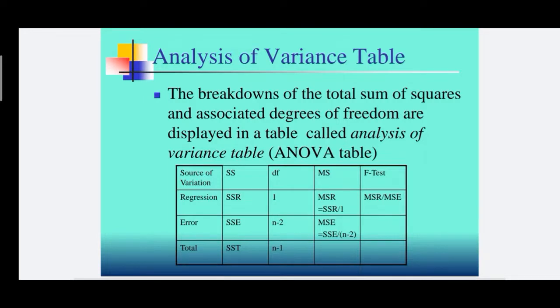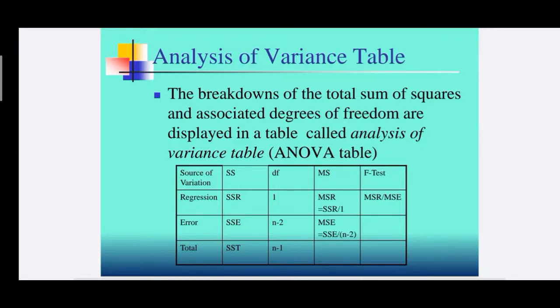So the third column here is the column for degree of freedom. For SSR it is 1. If we deal later with multiple linear regression, the degree of freedom for SSR will be different. So here 1 degree of freedom because we deal with one independent variable.